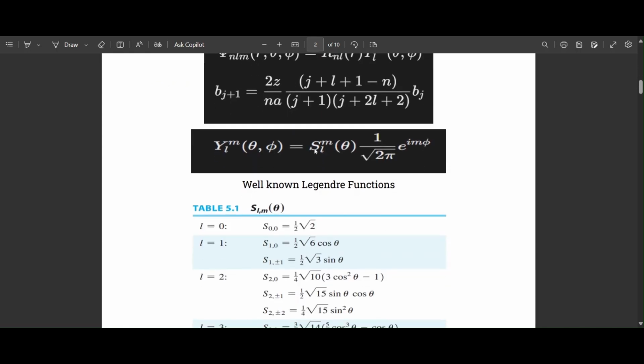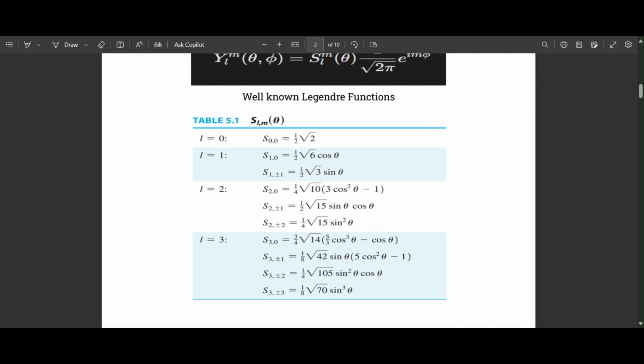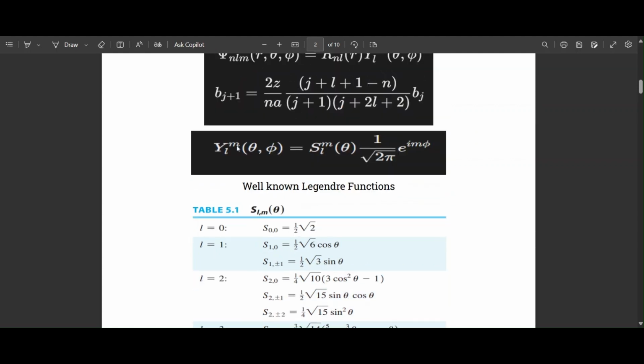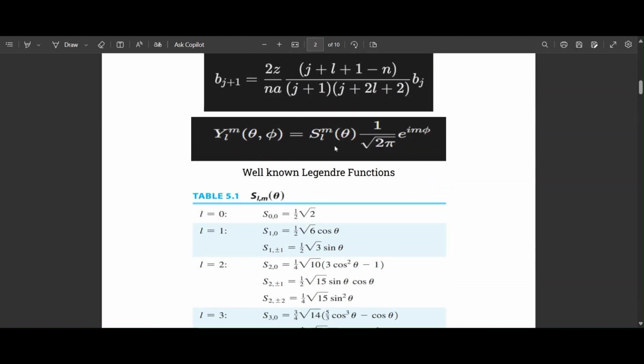For different values of l and m, the Legendre function values are given. One more thing, these functions are normalized, so we need not normalize them again and again. They can directly be multiplied with the radial part in order to form the wave function.